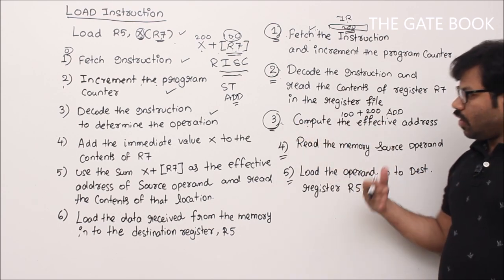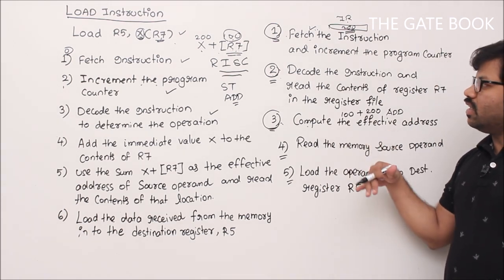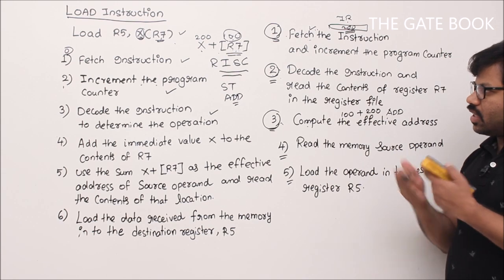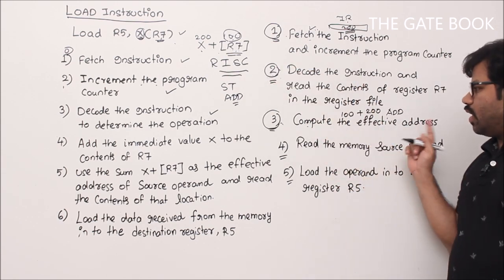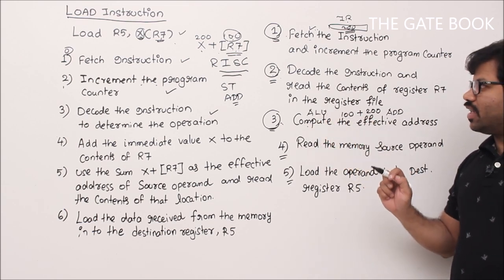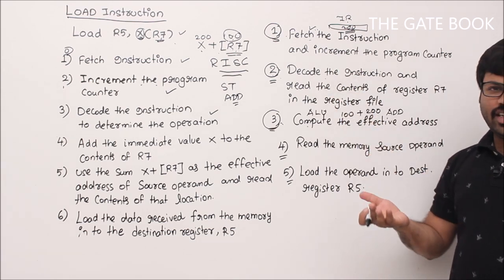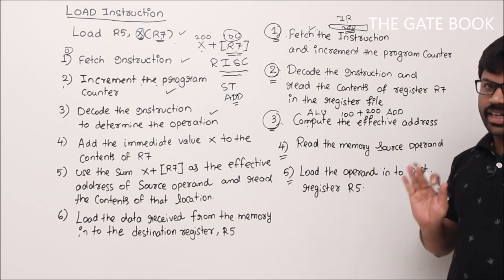Sir, where is the circuit? We will see that circuitry part later. First we understand how to divide the entire work into 5 steps, okay? So compute the effective address. Yes, using the arithmetic logic unit, we can do it. If you observe one thing, so far we have not used any addition or subtraction, right? So in the third step we are doing arithmetic, remember it.